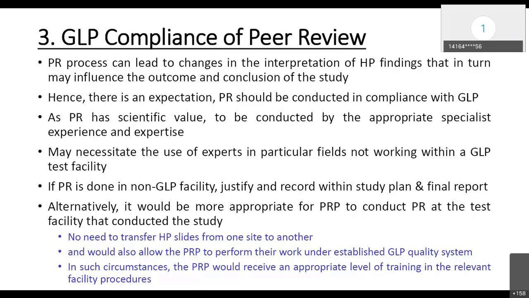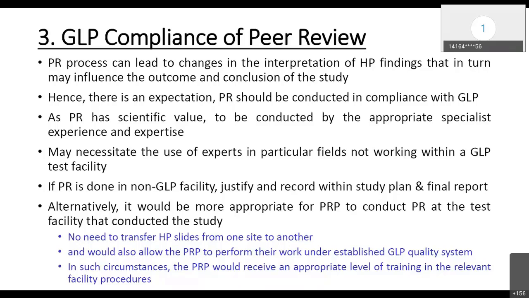Hence, it is expected as per the OECD principle that peer review should be conducted in compliance with GLP, as peer review has scientific value and an appropriate specialist with his expertise is to be appointed for conducting the peer review. Many times it happens that the peer review pathologists are not working in a GLP facility.